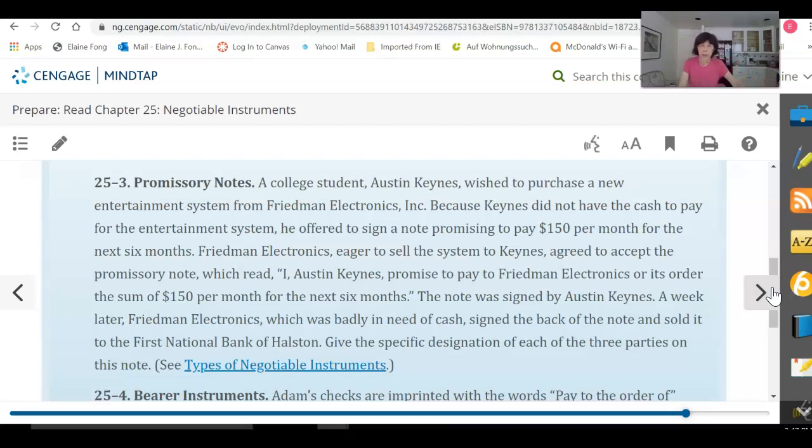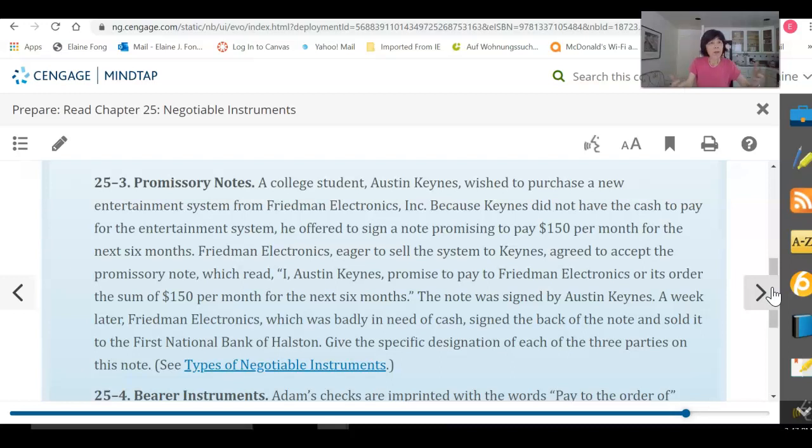A week later, Friedman Electronics is badly in need of cash. What does it do? It signs the back of the note, and by doing so is getting ready to transfer it. Signing the back of the note is what we call an endorsement. We're going to be learning about endorsements in the next chapter or so. And what do they do after they endorse the instrument? Friedman Electronics sells it off to First National Bank of Halston.